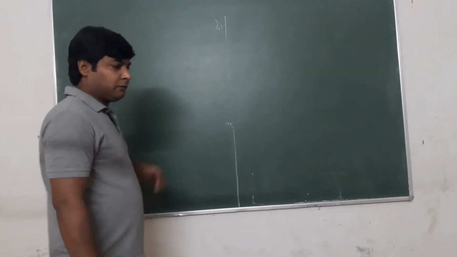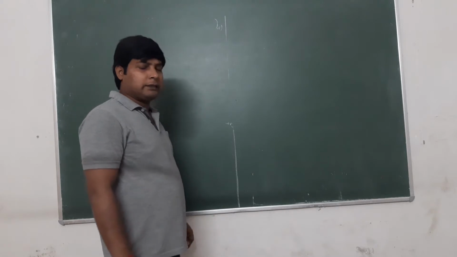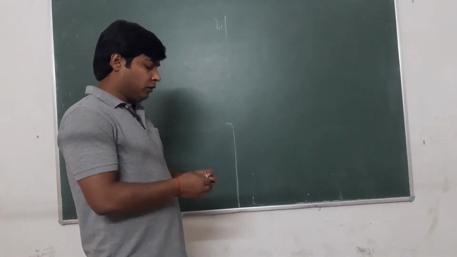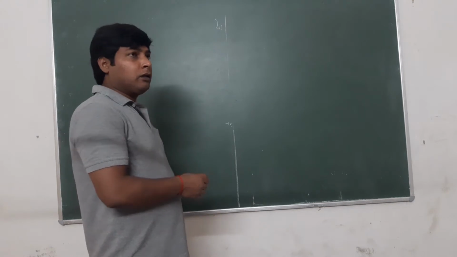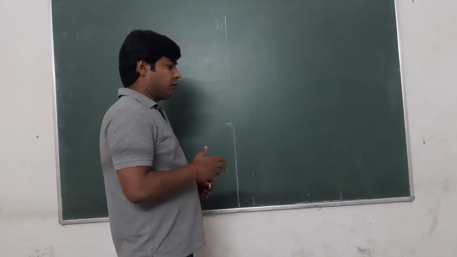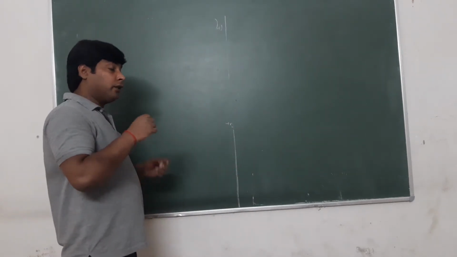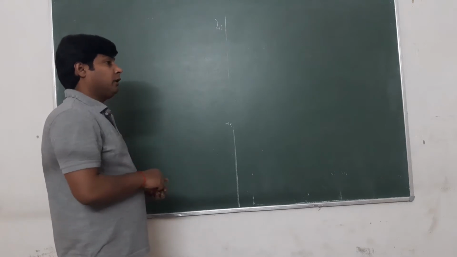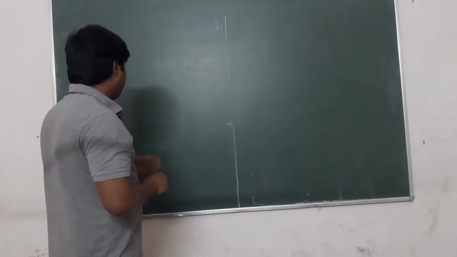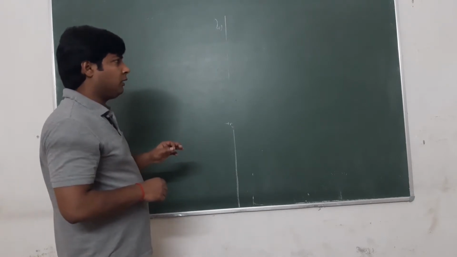Good morning, class. In the last lecture, we derived the expression for the Z-transform, and we also learned it is defined for the discrete time signal. Once again, I am repeating this: Fourier transform is valid for the periodic continuous time signal, and Laplace transform is defined for the continuous time signal.